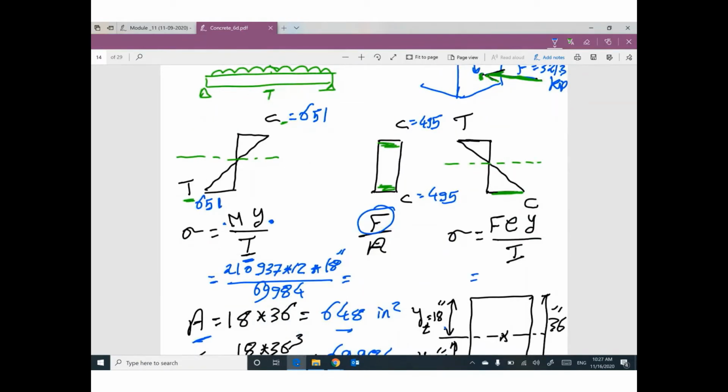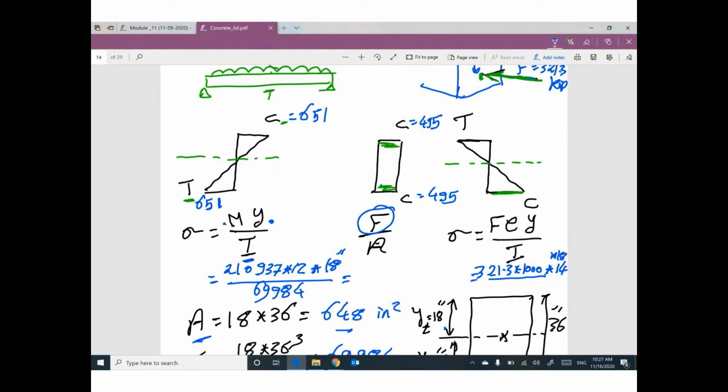For this one, the force equals 321.3 times 1,000 to be in pounds, times eccentricity 14 inch. Please make sure everything is in inch. Y is 18 inch.